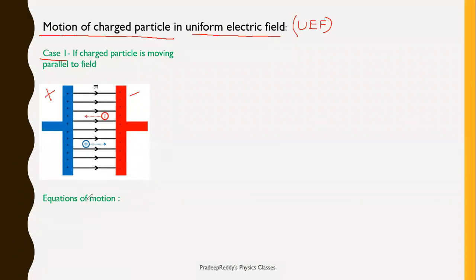Now what I am doing, you are placing a charge parallel to the field. Now that charge can be positive or negative. For example, I will first choose that the charge is negative. Let me take it as minus q. I am placing a negative charge minus q in a uniform electric field.